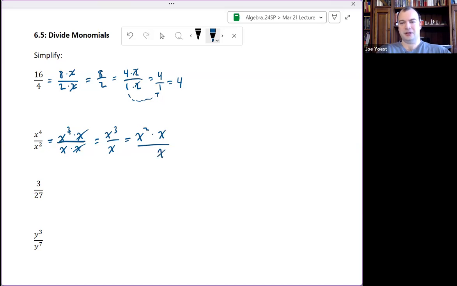I have an x on the denominator. Looking ahead to the next step, my goal is to divide out the x in the numerator and the x in the denominator. So I'll put a 1 down here just to act as a placeholder. And then when I divide these out, I get x squared over 1, or just x squared.